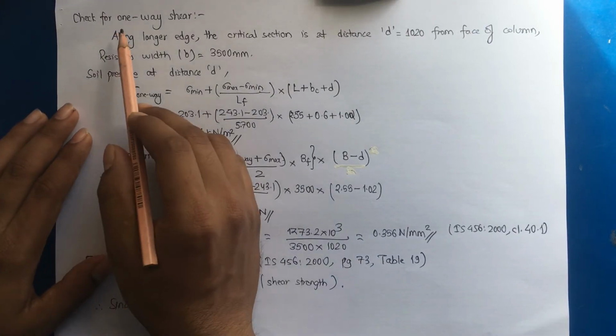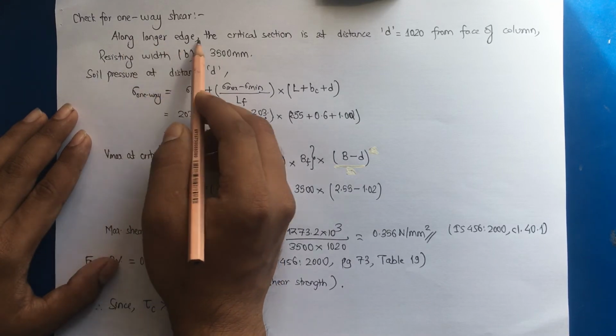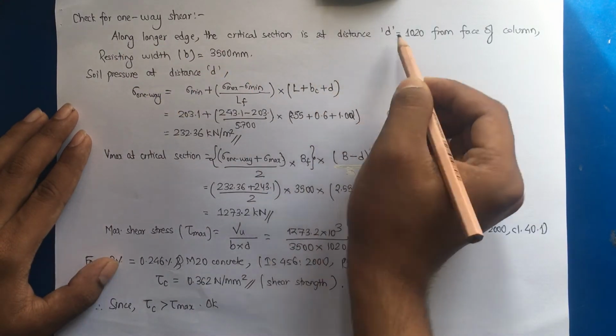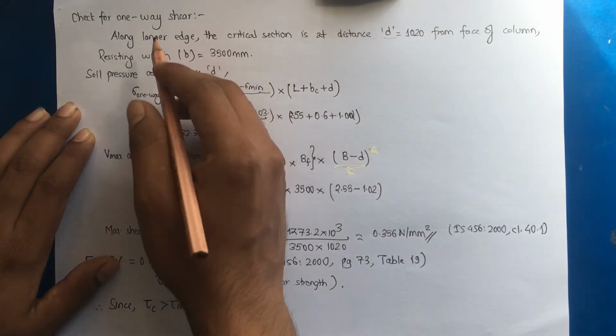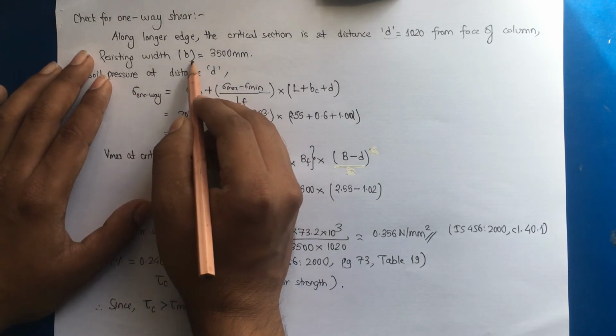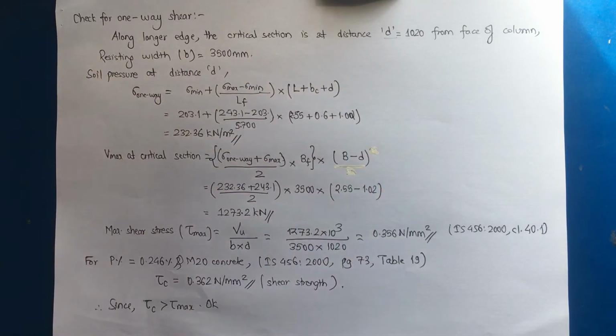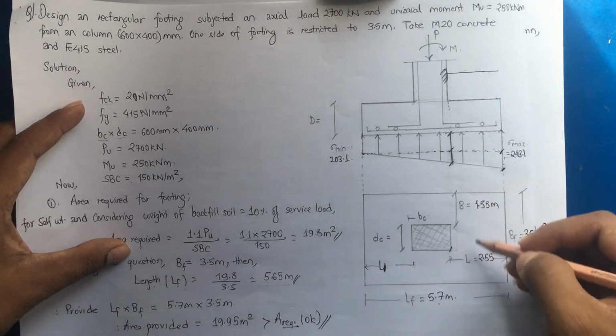Now the next step is to check for one-way shear, and basically the critical section is at a distance D, which is 1020 mm from the face of the column, and we are checking along the longer edge, and the resisting width is 3500 mm because along the length the resisting width is the BF.